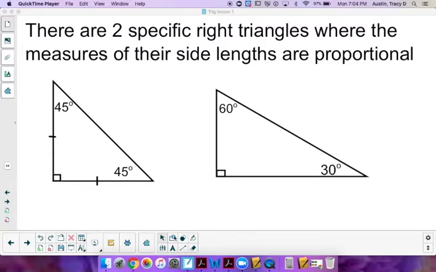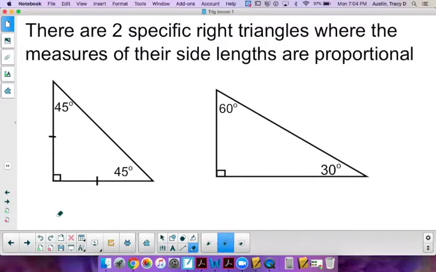The proportion is that whatever measure these two sides are, be it n, be it x, be it 2, the hypotenuse, the longest side, is that measure times the square root of 2.